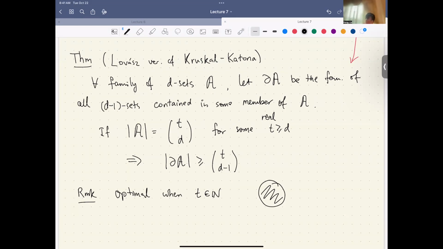How should I draw? Maybe I shouldn't draw it like this, where A is, for example, all d-subsets of T choose d. Okay. Plus maybe isolated elements that are not sitting in any d sets.